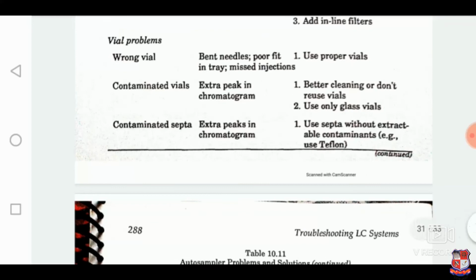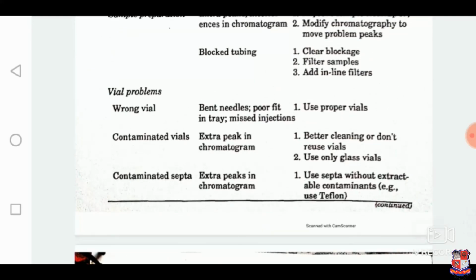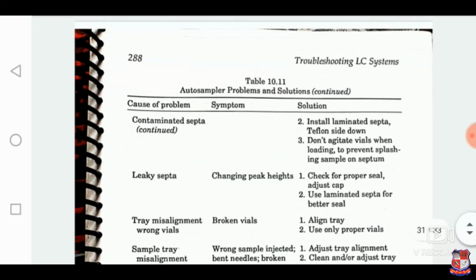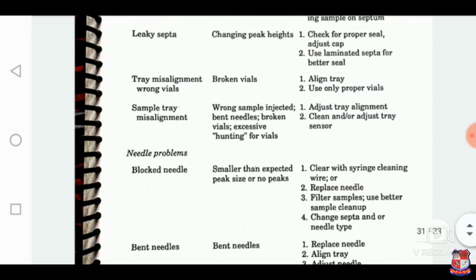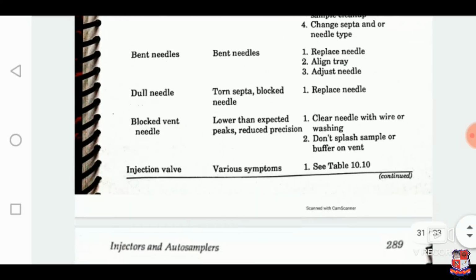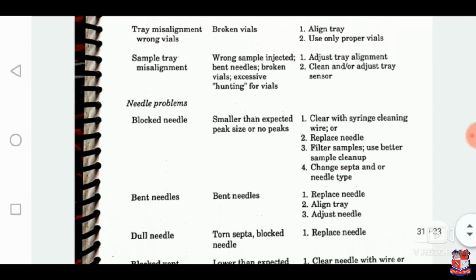Vial problems: use the proper vial; for a contaminated vial, use better cleaning or don't reuse vials. These are the possible problems and solutions. For example, a blocked needle. What are the symptoms observed? A smaller than expected peak size or no peaks. Clear with a syringe, cleaning wire, or replace the needle. These are the solutions for that.